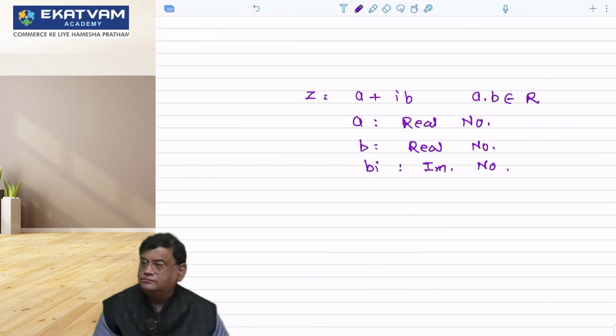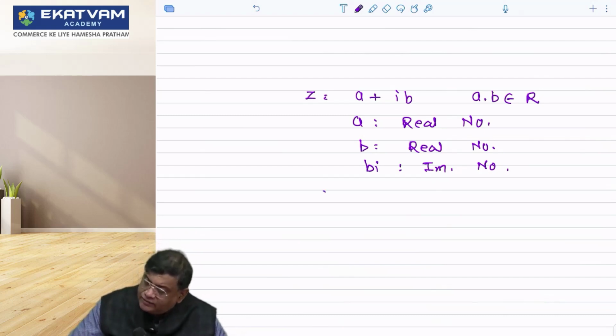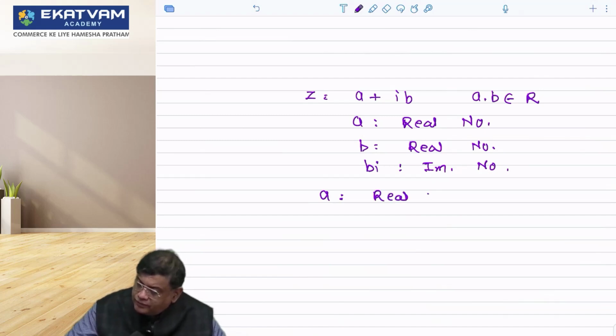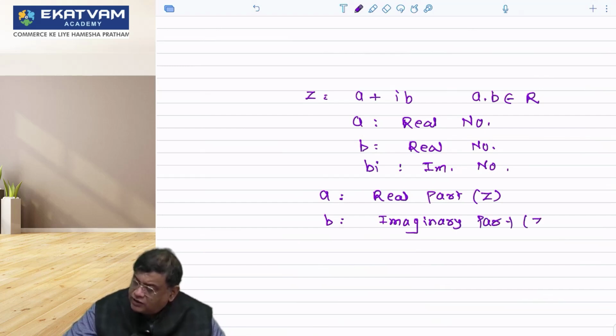Did you understand? Then, this a is called the real part of Z, and b is called the imaginary part of Z. And mind well, bi is the imaginary number.